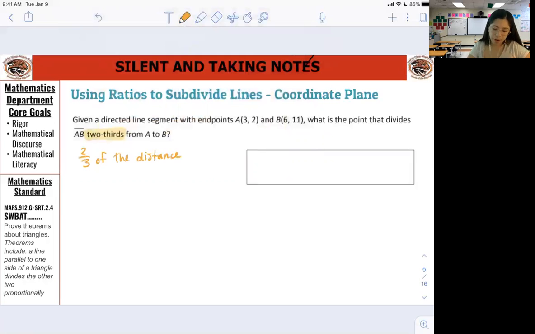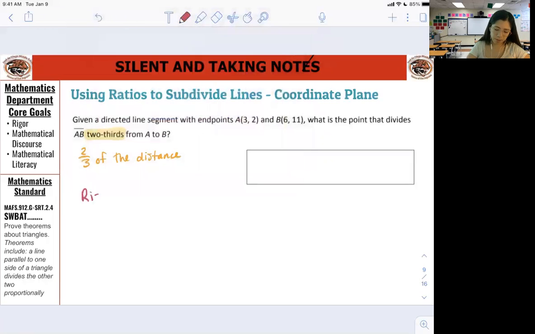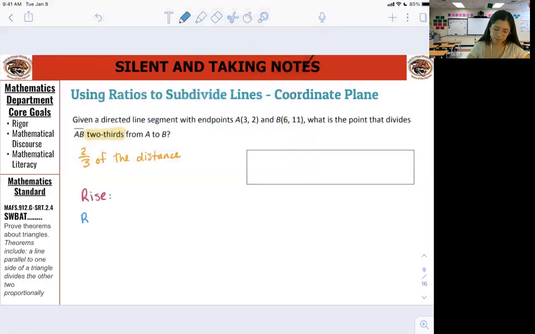Well, I still need to find my rise and I still need to find my run. It's just that I'm going to do it using math rather than using the graph. The rise is what, when you're doing the slope formula, what goes in the numerator? y2 minus y1, exactly.